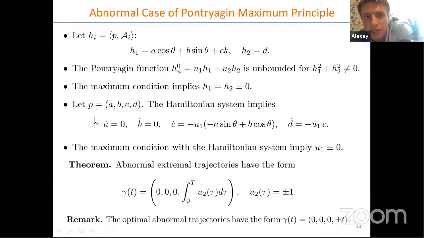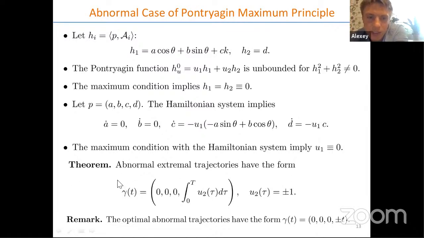And then we write the Hamiltonian system, which has the following form. Here, A, B, C, D are components of the initial covector in Darboux coordinates. Then the maximum condition of the Hamiltonian system implies that u1, the first control, equals 0. And then we come to the following theorem.